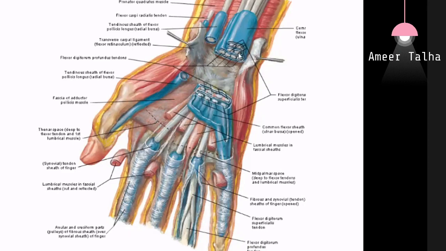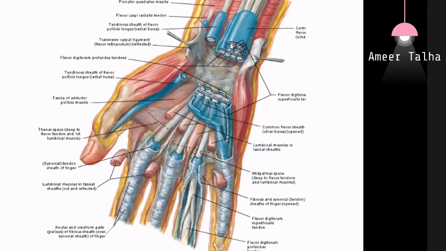Radial bursa or mid-palmar space, what is the difference between the mid-palmar space and the radial bursa? Mid-palmar space is a potential space consisting of only connective tissues, while the bursa consists of tendons and the synovial sheath.